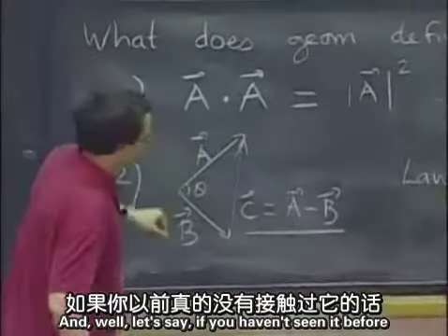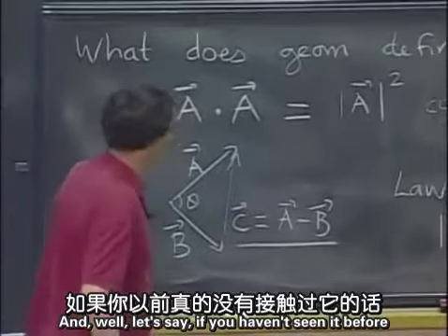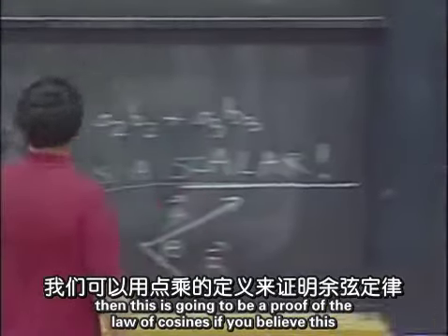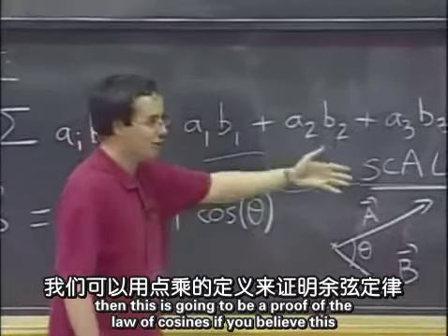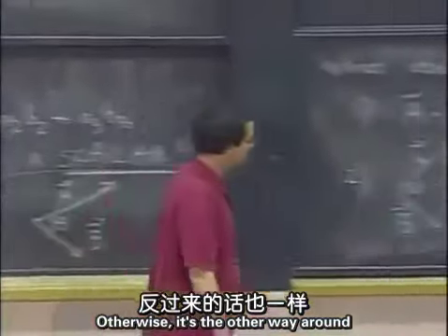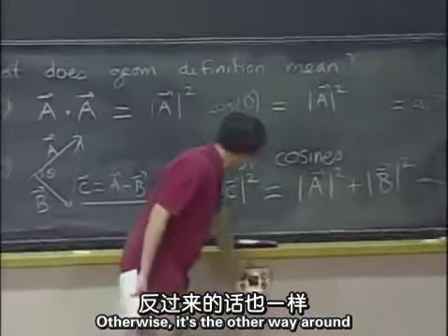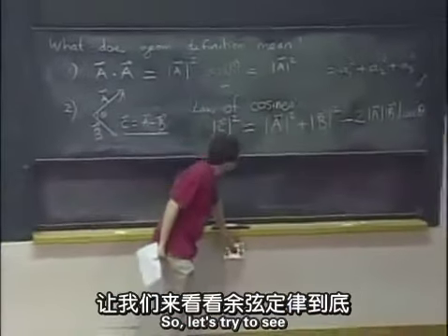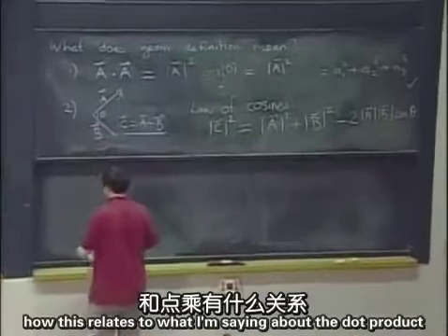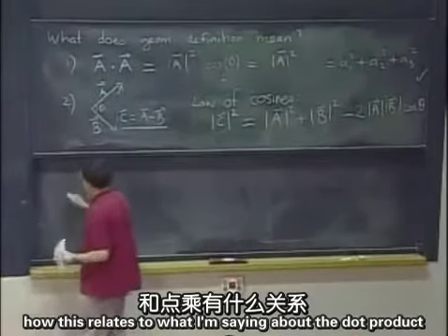You probably haven't seen it with vectors. If you haven't seen it before, then this is going to be a proof of the law of cosines, if you believe this. Otherwise, it's the other way around. So let's try to see how this relates to what I'm saying about the dot product.